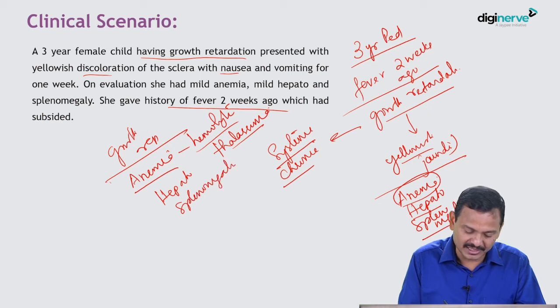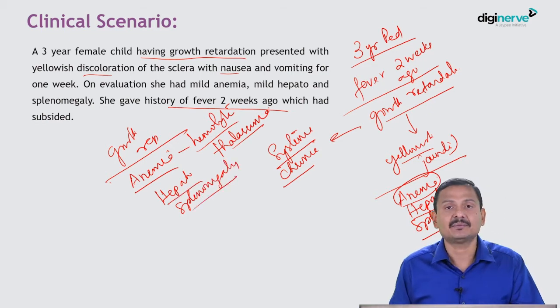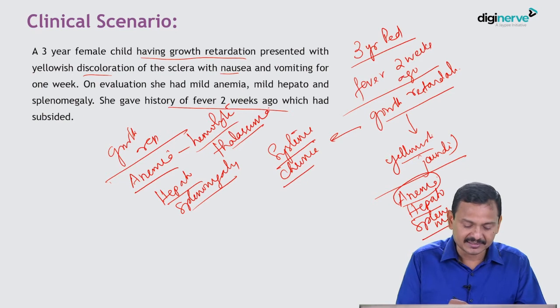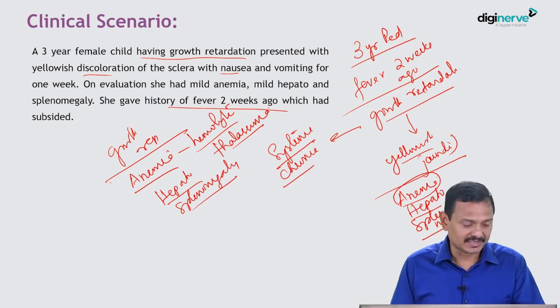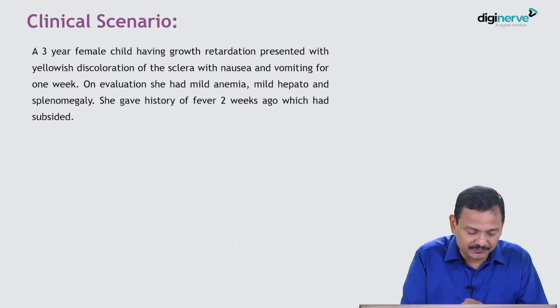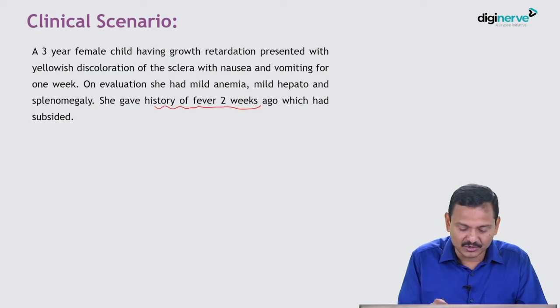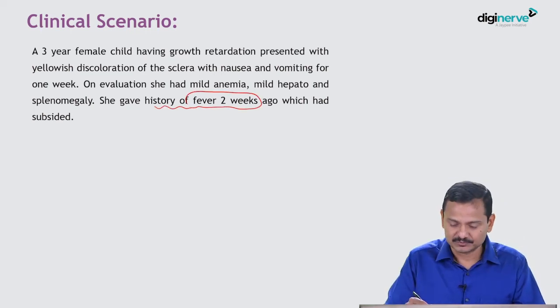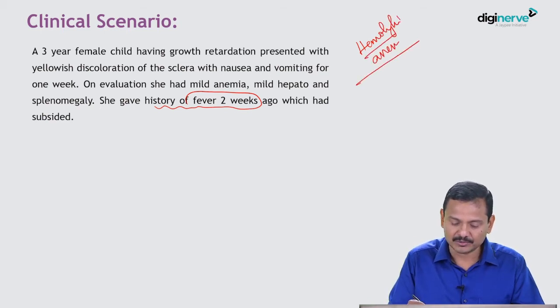Okay, so most likely she is having a hemolytic anemia, and this hemolytic anemia was aggravated by the fever, or she gave history of fever 2 weeks ago. So she has hemolytic anemia which is going on, and then on top of it she has fever, and that fever could be because of some infection.